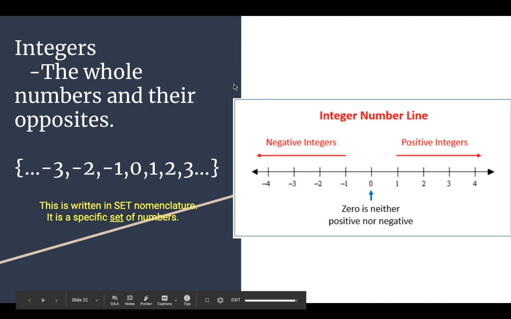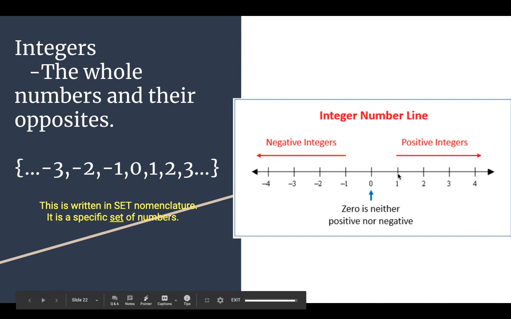All right, so the paper that you have today should go pretty quick. It's about integers, and most of you have done some work with integers already this year. Remember that integers are the whole numbers and all of their opposites. So again, let's start in the middle at 0. If you go 1 space this way, it's 1. If you go 1 space on the left side of the number line, it's -1.